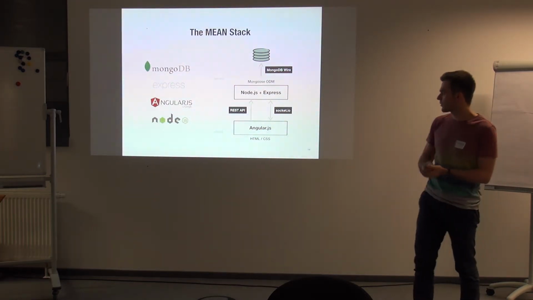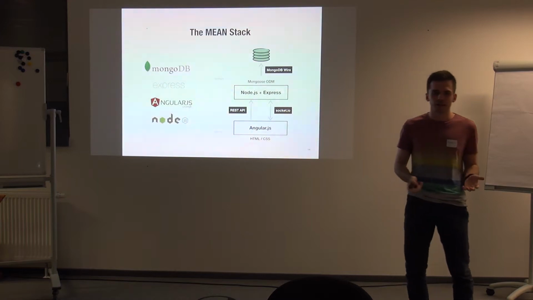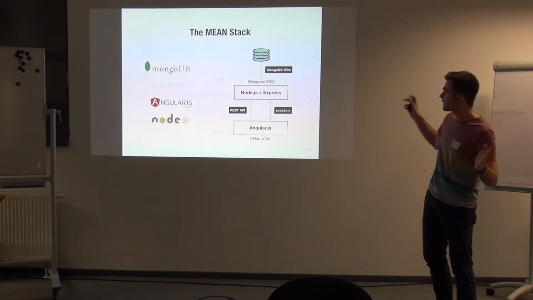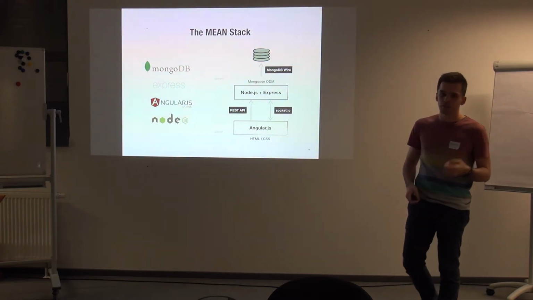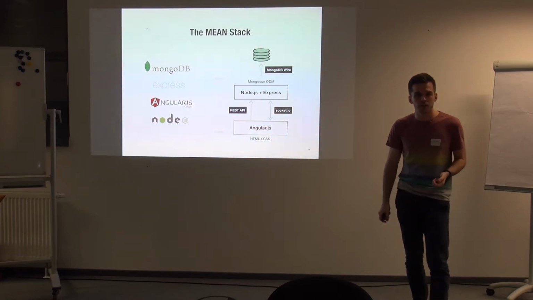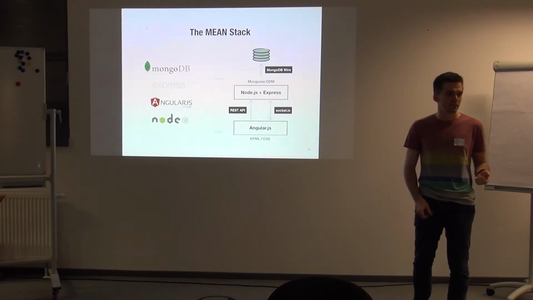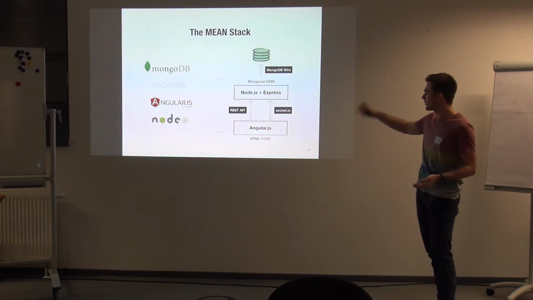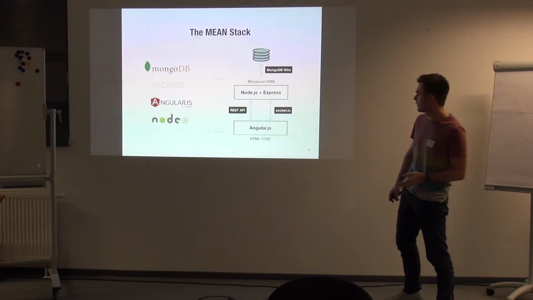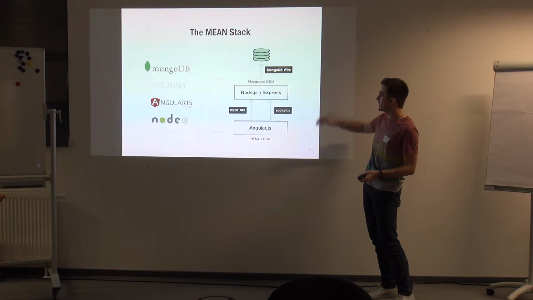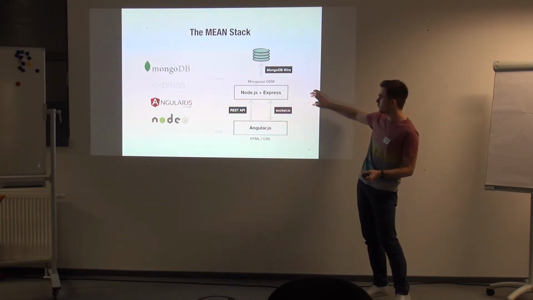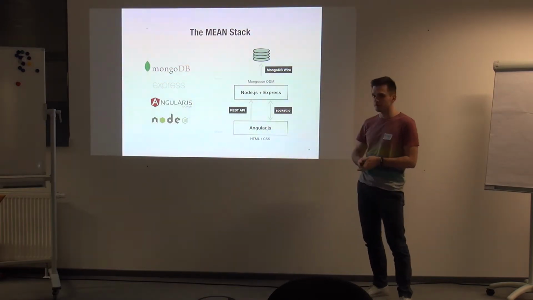What generates quite a lot of buzz right now is this idea of the MEAN stack, which combines MongoDB, Express.js, AngularJS, and Node.js. I've just illustrated the basic idea here. You have MongoDB in the backend, then an Express server, which uses Mongoose.